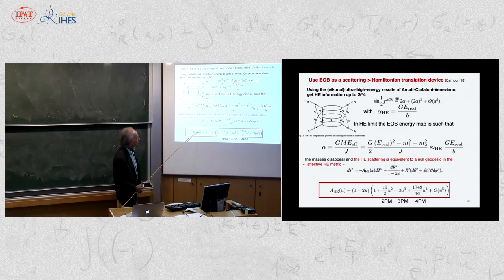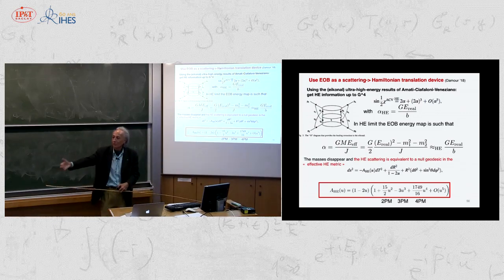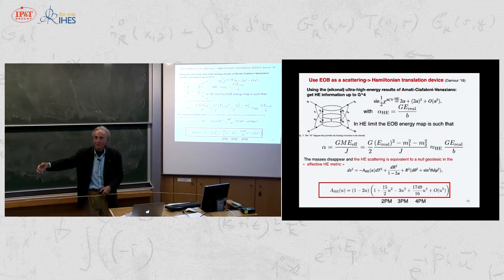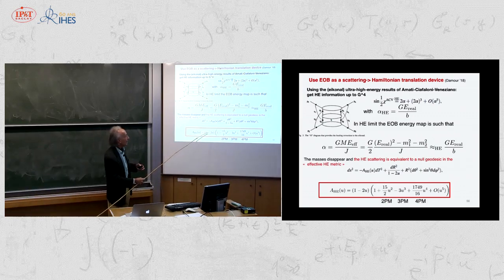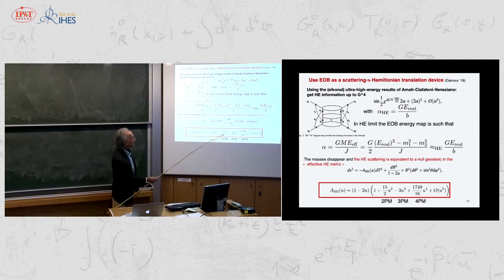This function A is the same function A that I showed before, how it was computed analytically, and how it was improved by using numerical relativity. There is the famous 1 minus 2u, which is Schwarzschild, 1 minus 2GM over r. And u is GM over r. So something which is u to some power is Newton's constant to some power, so it gives you the order of approximation.